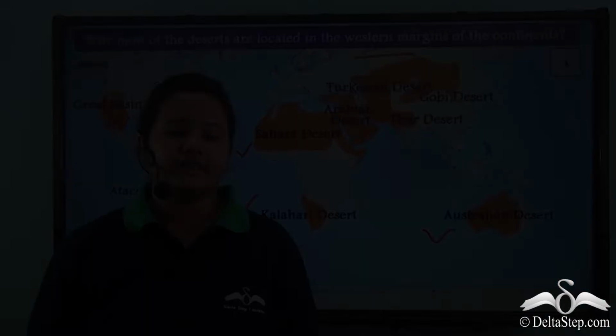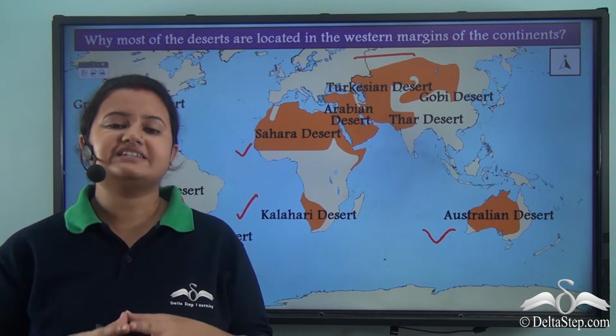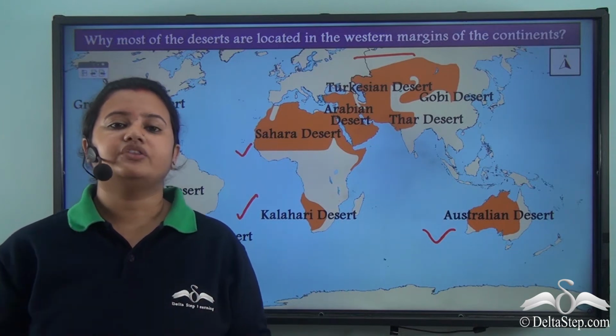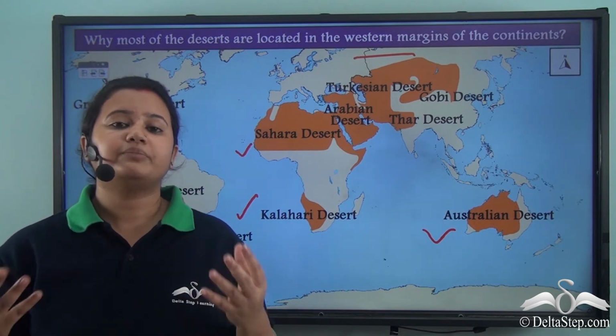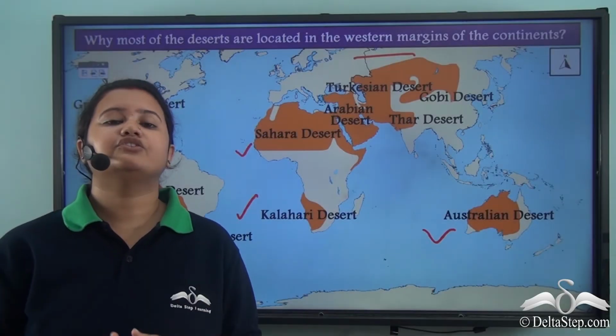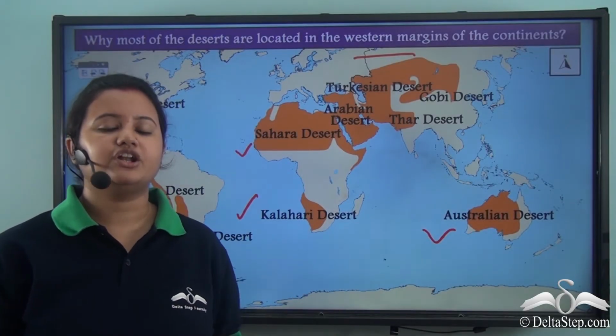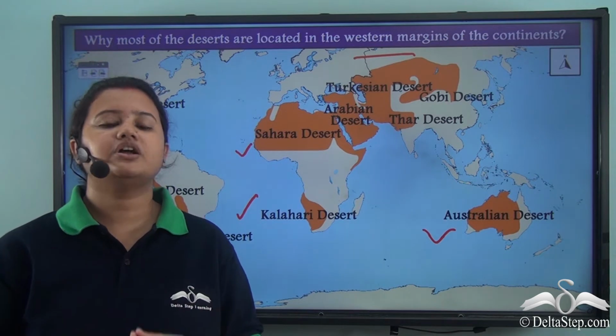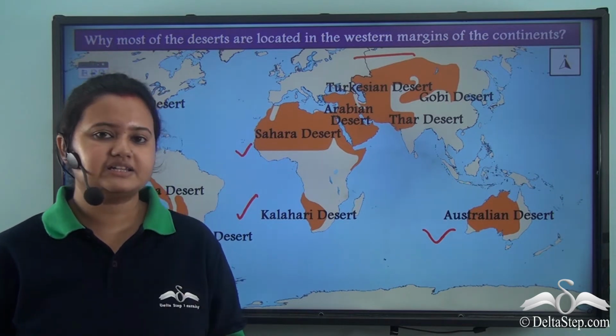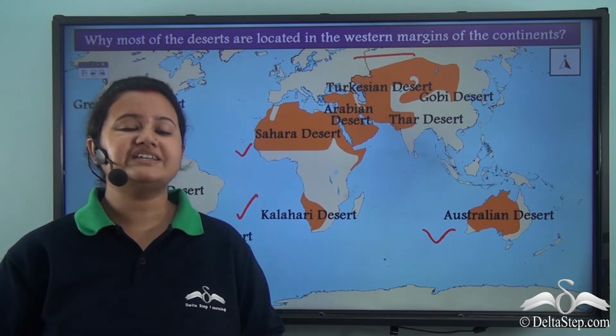But why? The existence of these deserts depends on the direction of the prevailing wind. That is, the winds blowing in one particular direction have resulted in the formation of these deserts.